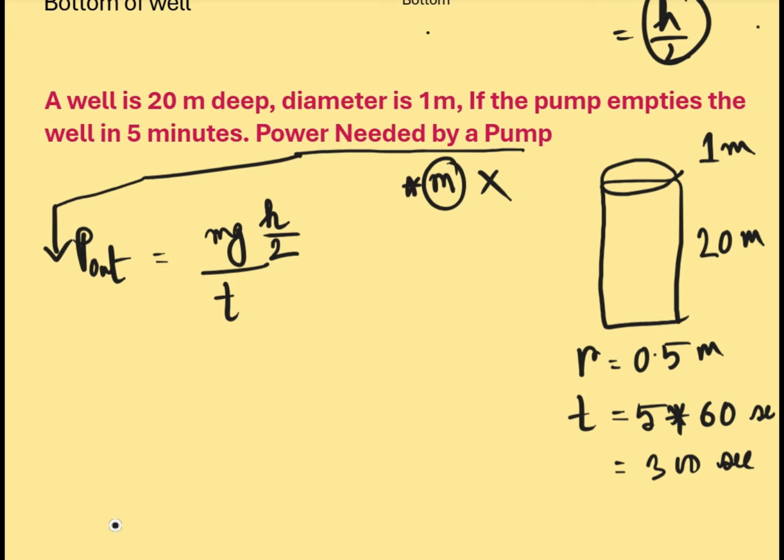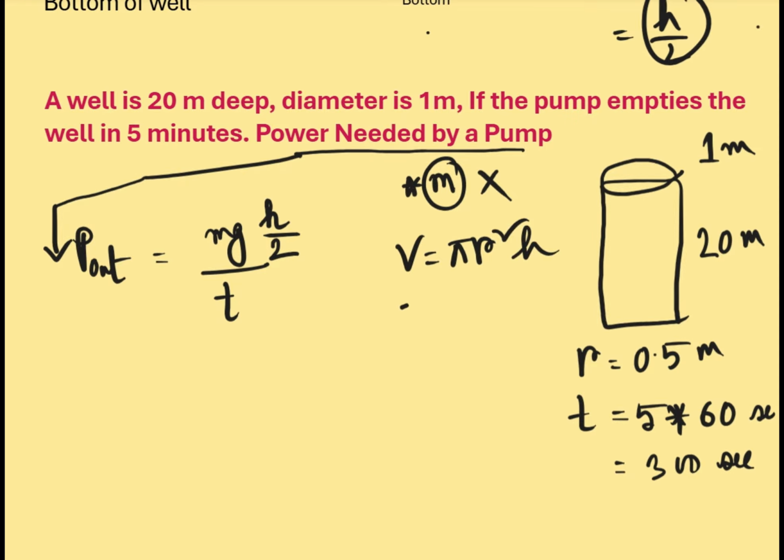Okay, so here actually no m is given directly in the question, but the volume is given by height and diameter. Indeed, V is equal to pi r square h.